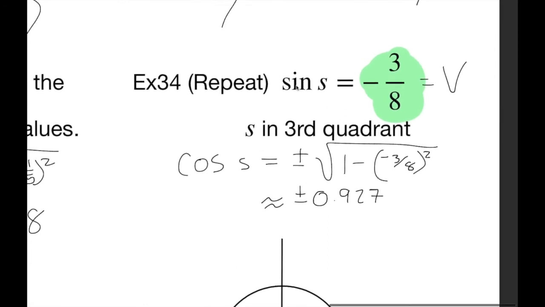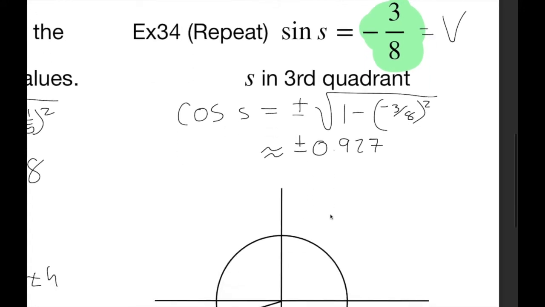Same thing here. If you know sine, they want you to find cosine in the 3rd quadrant. So let's find cosine of s, which is equal to plus or minus the square root of 1 minus this squared. We take that fraction that they give us and we put it in here. We've got to figure out if it's plus or minus. So let's graph it.